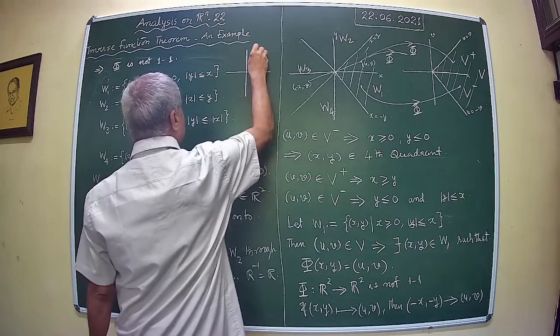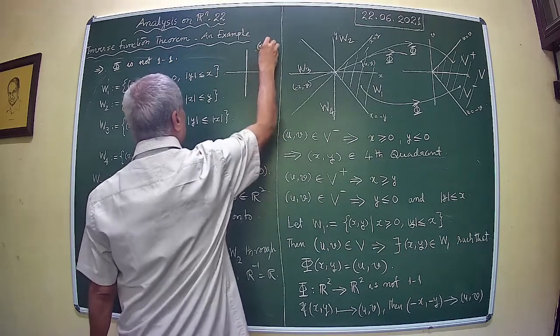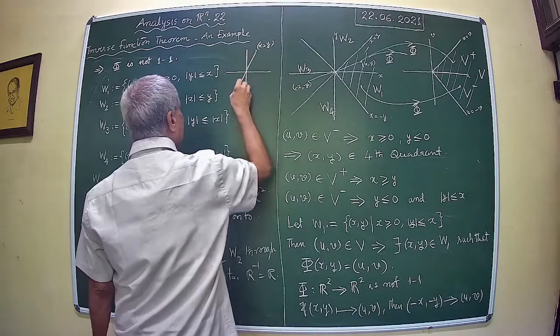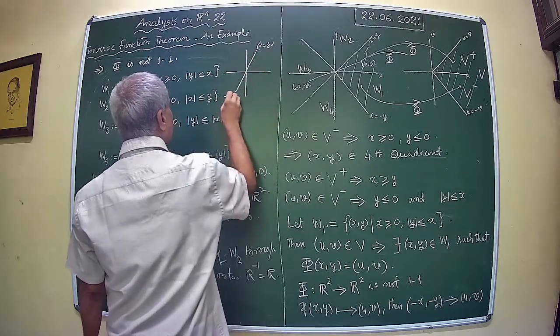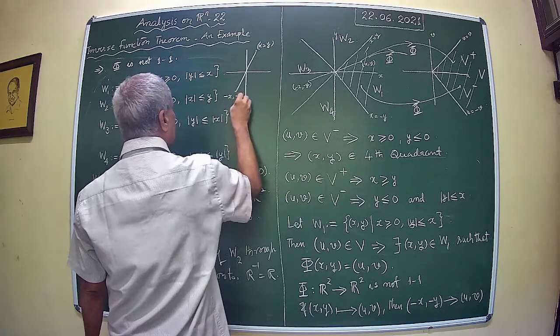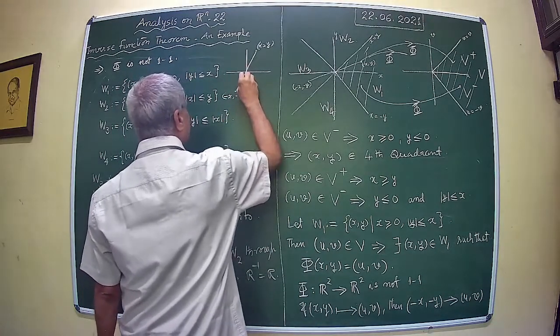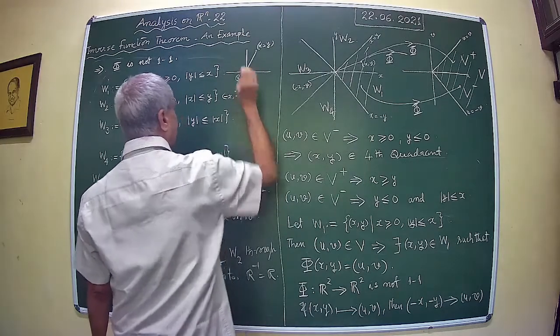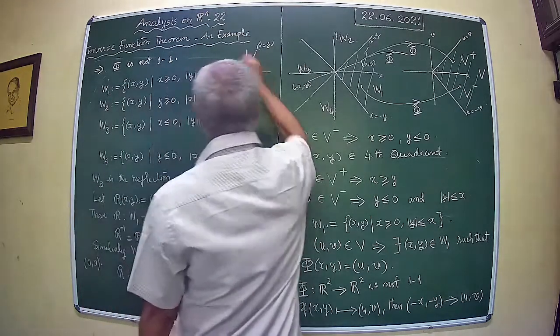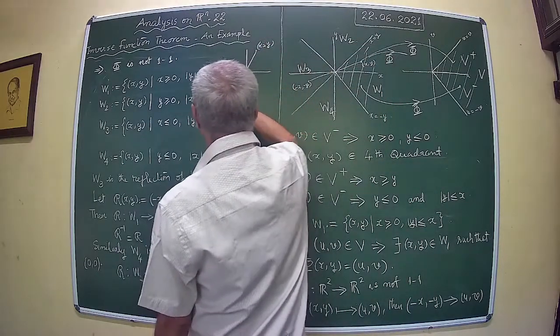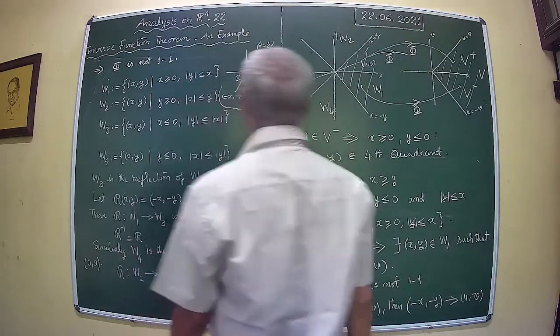Take some xy. This is the map R. So you have reflection all over. Okay, this is mapped into this.